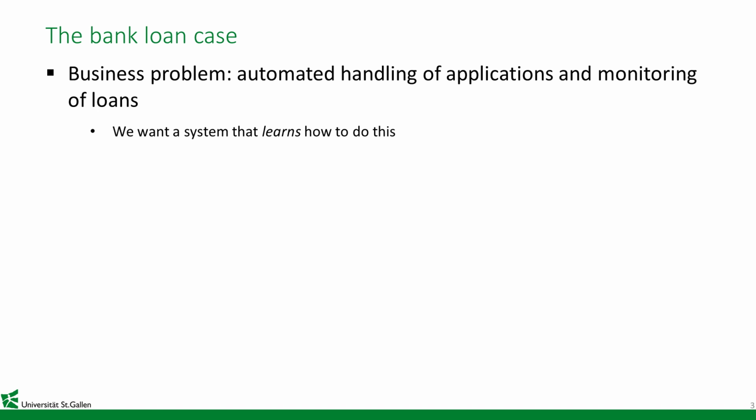Our objective is to build a system that is able to learn on its own what distinguishes a good from a bad borrower, rather than just relying on subjective field judgment by professionals at the bank. As you can imagine, there are quite some factors that probably influence the default probability of a loan.